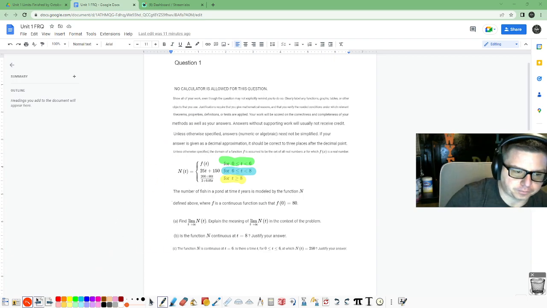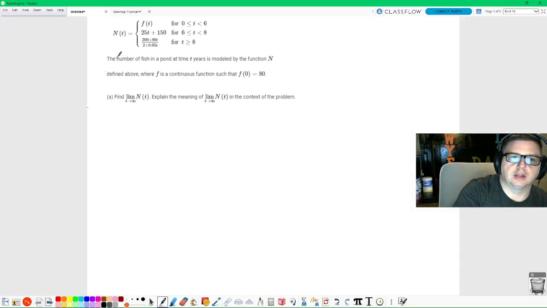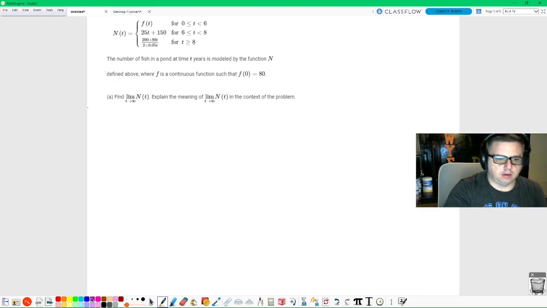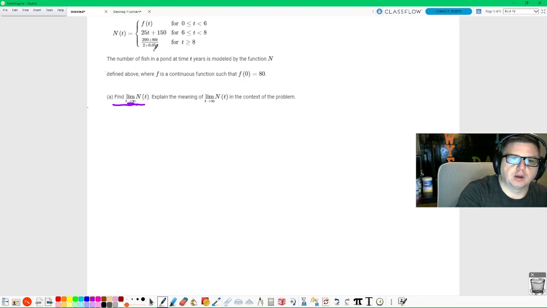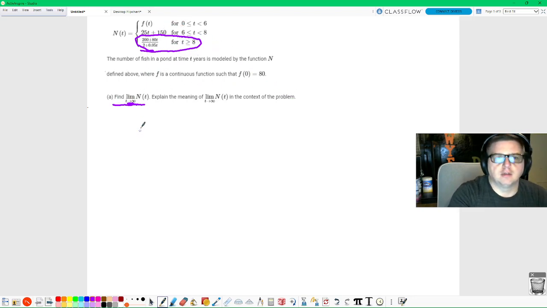Okay. So our first question, letter A, is asking us to find the limit as t approaches infinity. Well, if t approaches infinity, we have to look at the last function, because this function is the only one that's greater than 8. So everything else is less than 8.